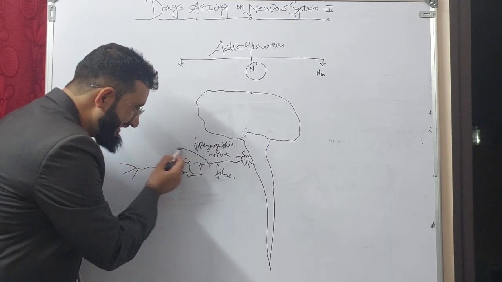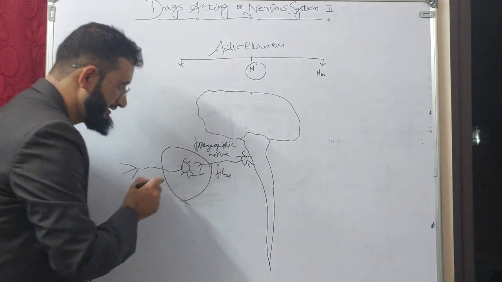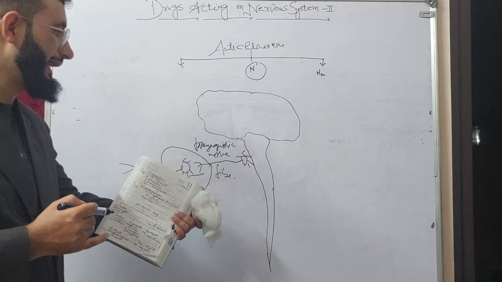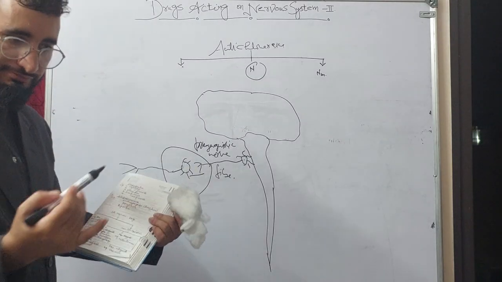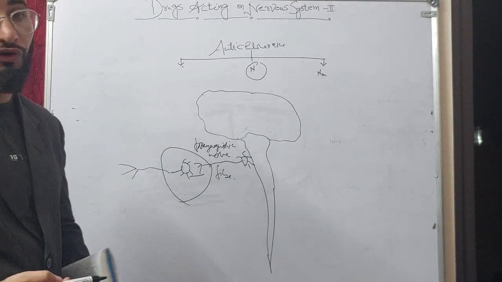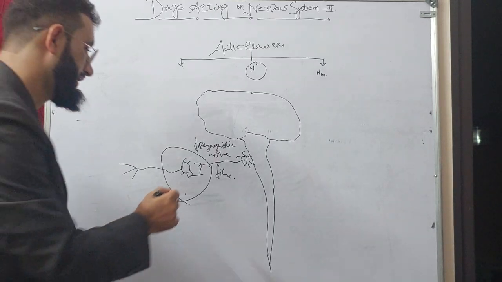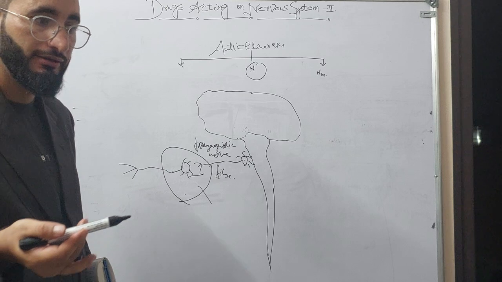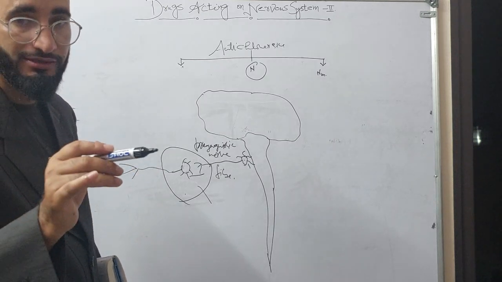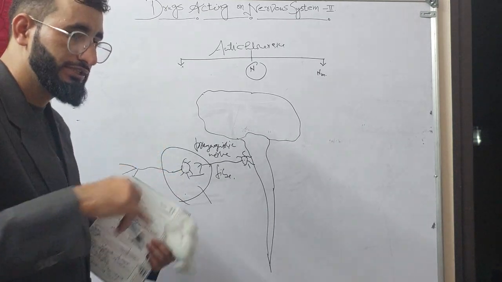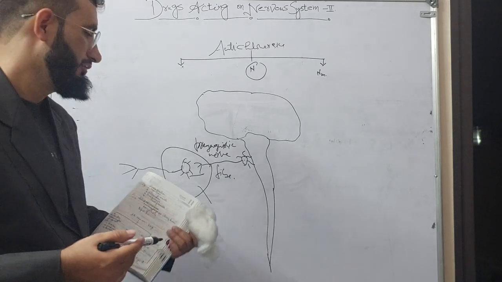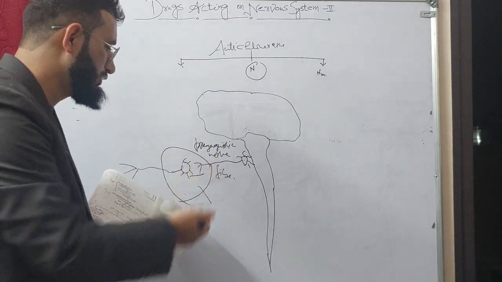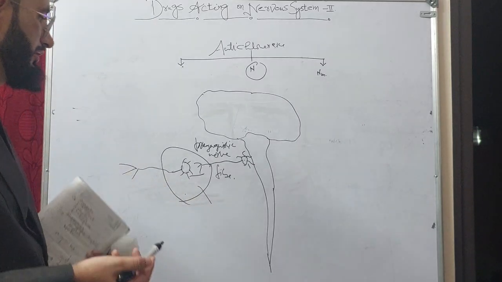And this connection, the relay between the preganglionic and postganglionic, is called the ganglion. The nerve fiber which originates from the central nervous system is called the preganglionic nerve fiber, and the nerve which connects after this is called the postganglionic nerve.